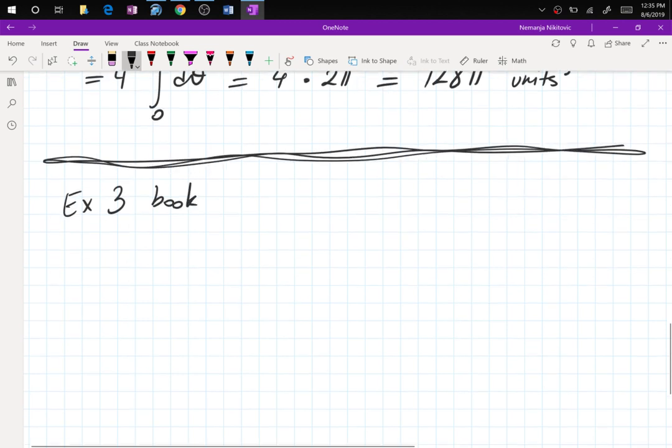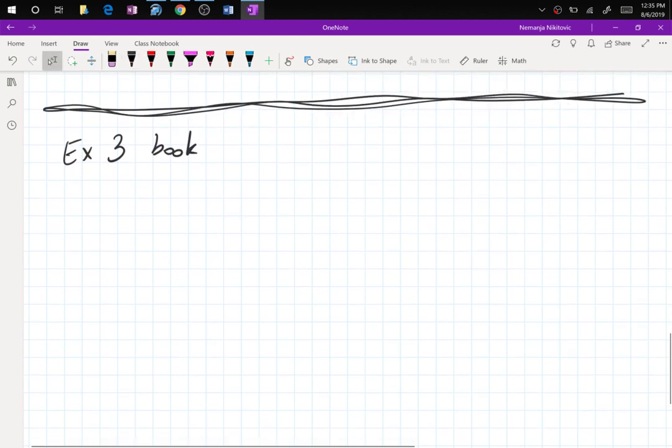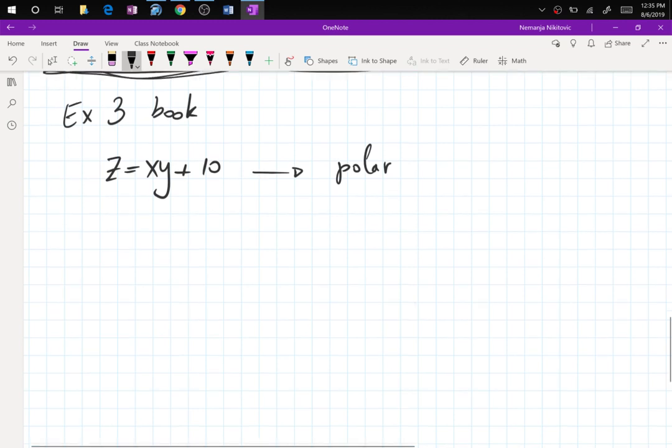I don't like working out examples that are already done because you know all the numbers and letters, so you can read it if you're interested. The important aspect here is this z equals xy plus 10 conversion into polar. That's the part that is important. The rest is just plug and chug.